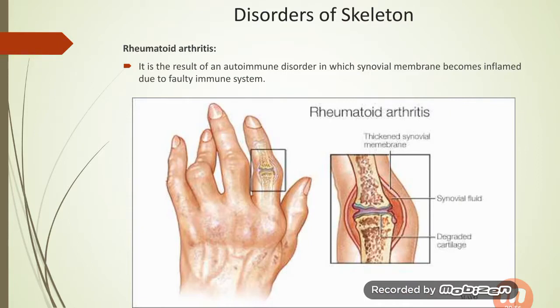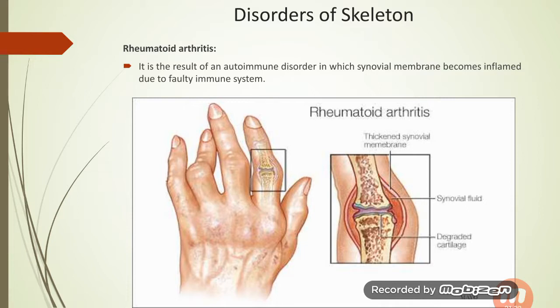The second type of arthritis is rheumatoid arthritis. It is the result of an autoimmune response. It is basically an autoimmune disorder in which the synovial membrane becomes inflamed due to a faulty immune system.